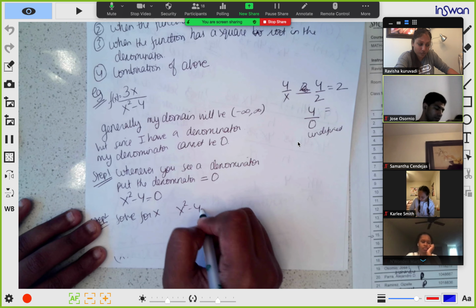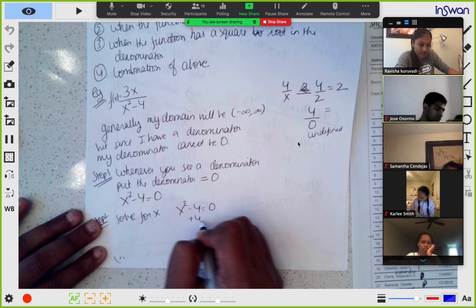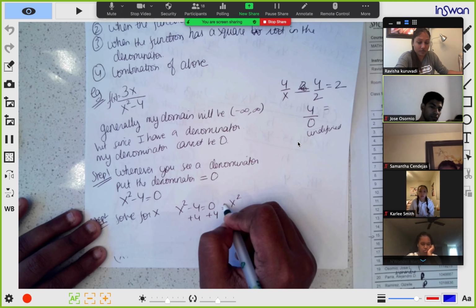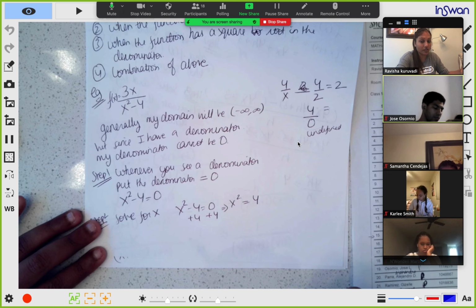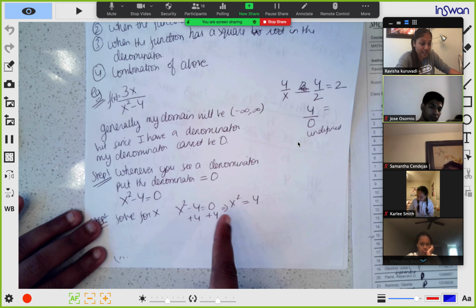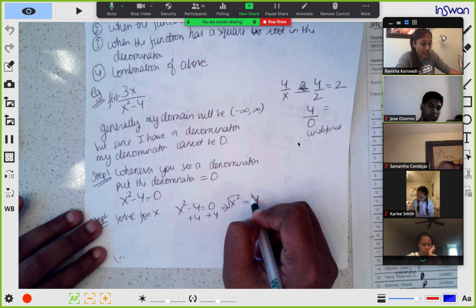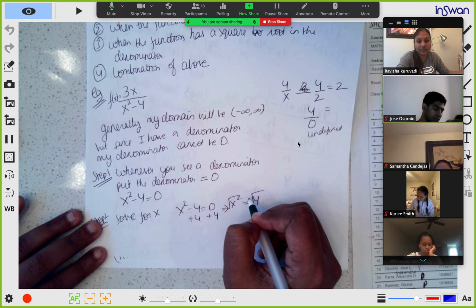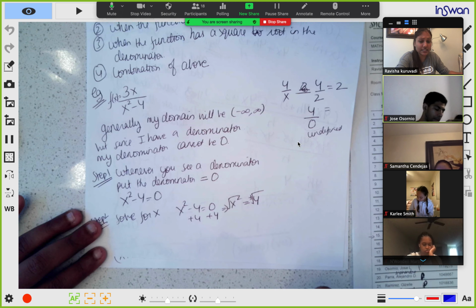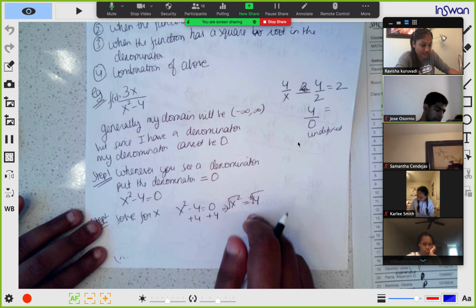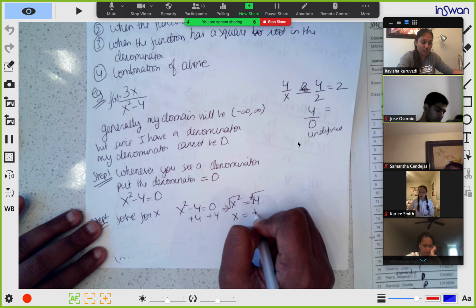I add 4 on both sides. I get x squared is equal to 4. Now the opposite of square is square root. I am going to take the square root on both sides, so I have to put a plus minus sign. Don't forget this step. You get x is equal to plus minus 2.